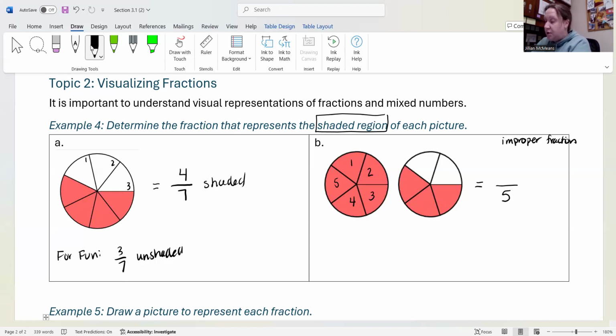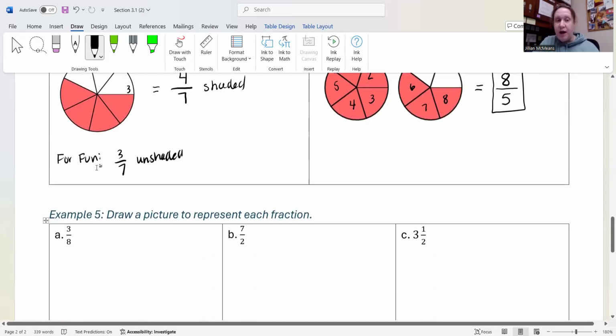But on the next circle, we have 6, 7, 8. So the fraction here that represents the shaded region is 8/5. Okay? So just understand that when you have improper fractions, you're going to have more than one whole thing. When you have proper fractions, you're going to have part of one whole thing. Okay, so that is one way that we can visualize fractions.